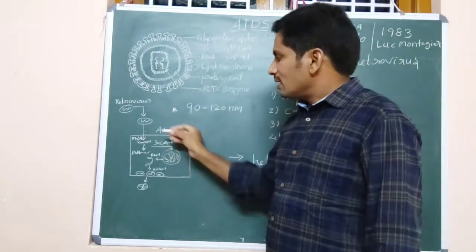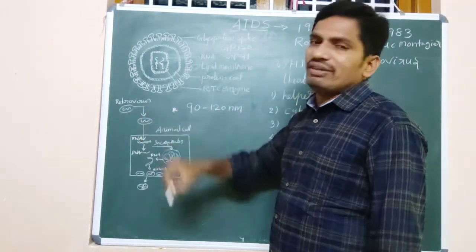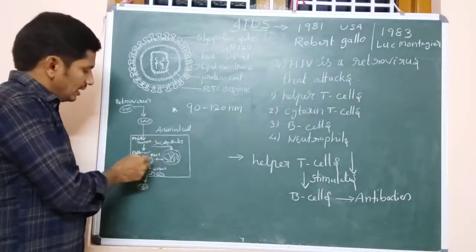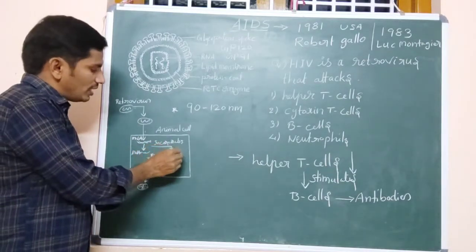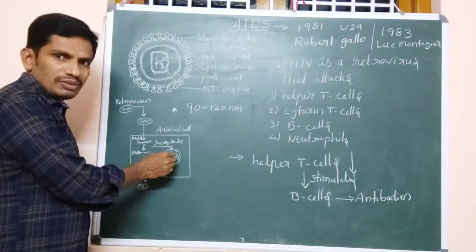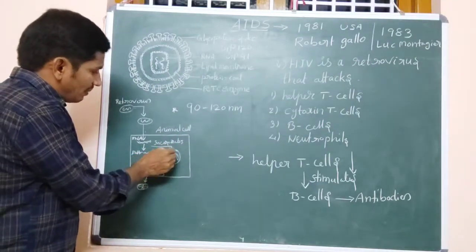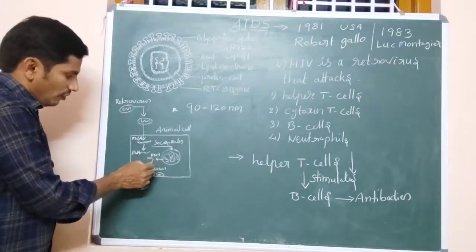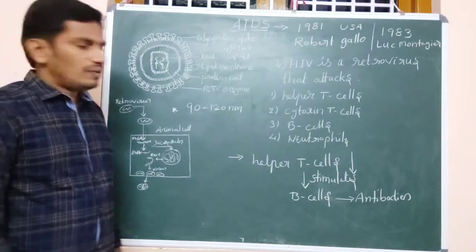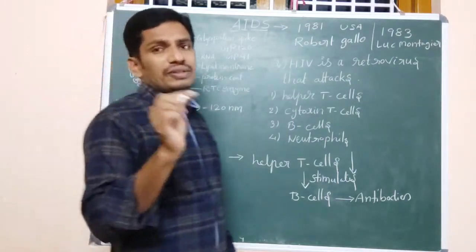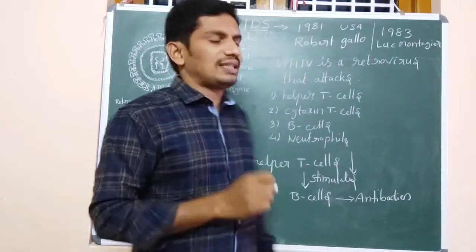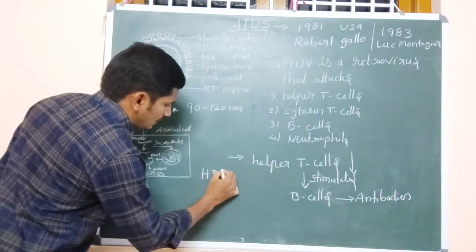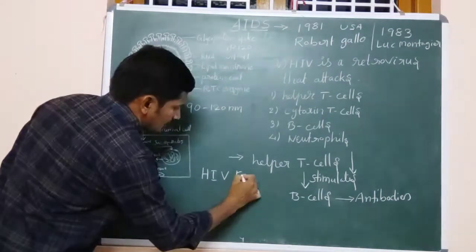With this enzyme, DNA is produced from the RNA, the formation of DNA from the viral RNA. This DNA is incorporated into the nucleus of the human cell. From the DNA, viral RNA is produced, and this RNA forms new viruses. That is the reason the macrophage is known as the HIV factory.